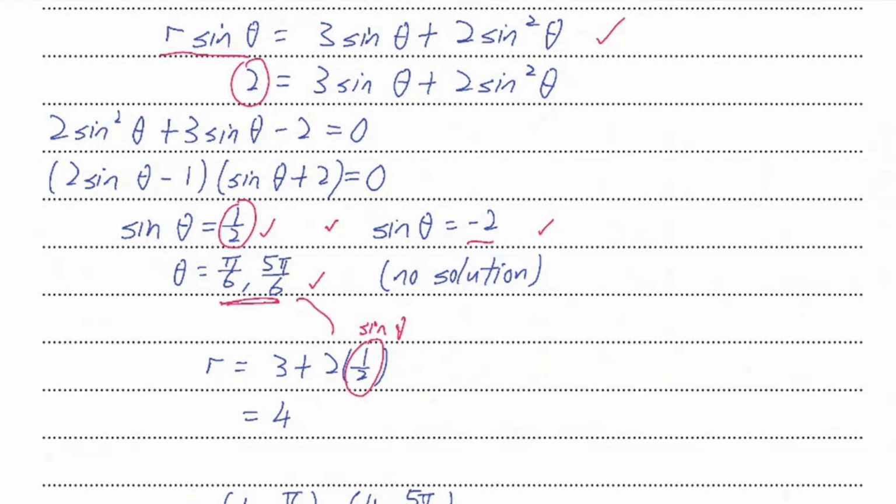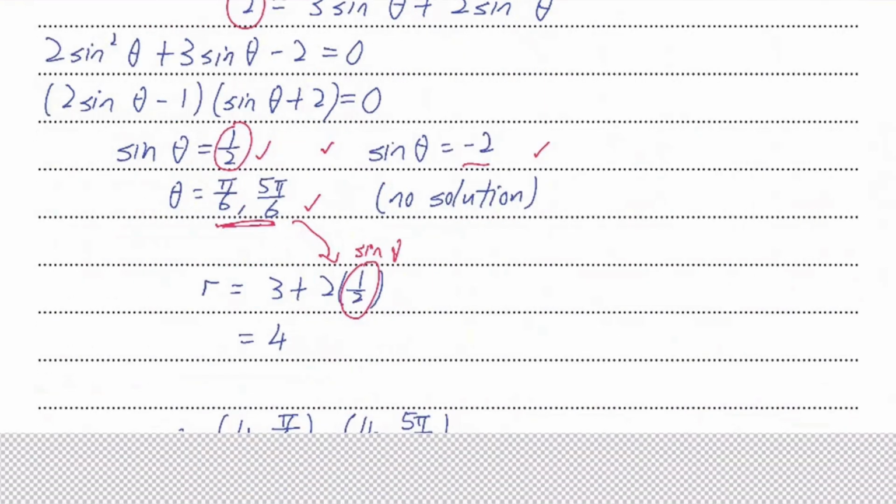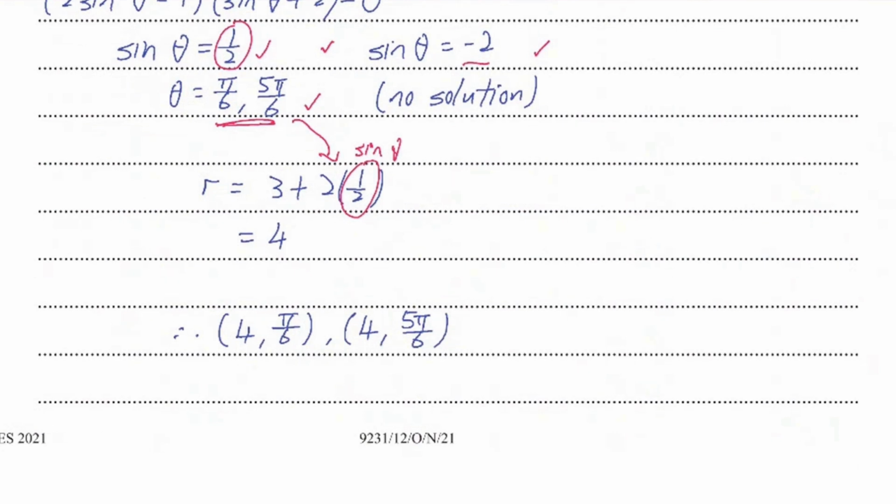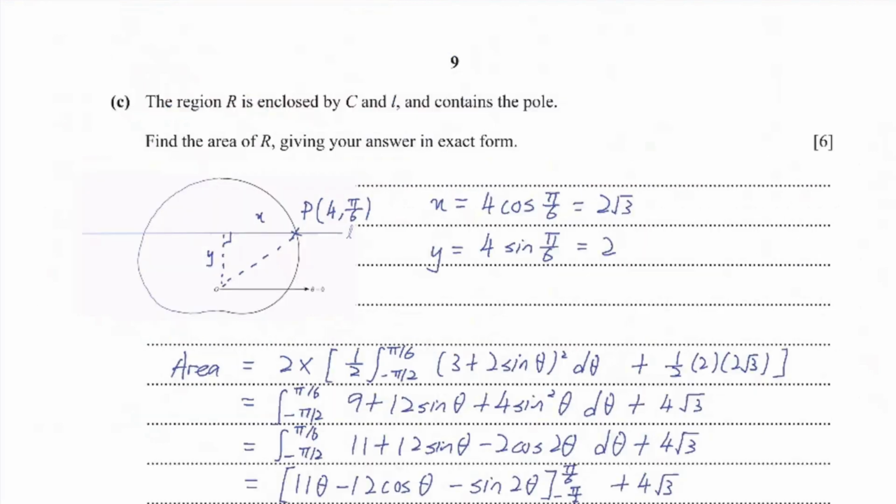No need to substitute in the theta and then evaluate the sine, because it's coming from the sine theta. So just substitute in the half straight away. Saves us a bit of work. So these are the polar coordinates of the intersection. They want the polar coordinates, so we really need to state at the end what the polar coordinates are.